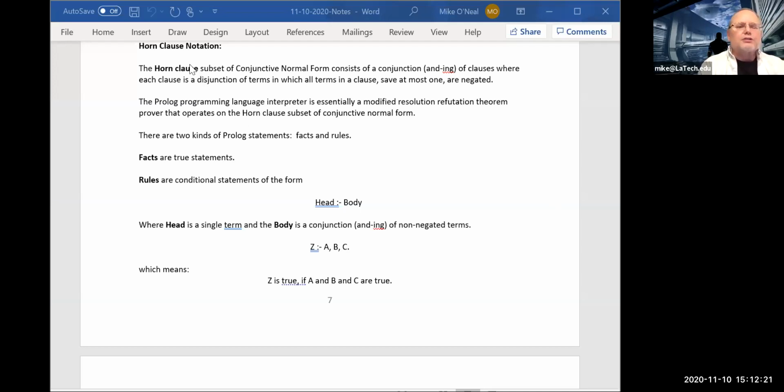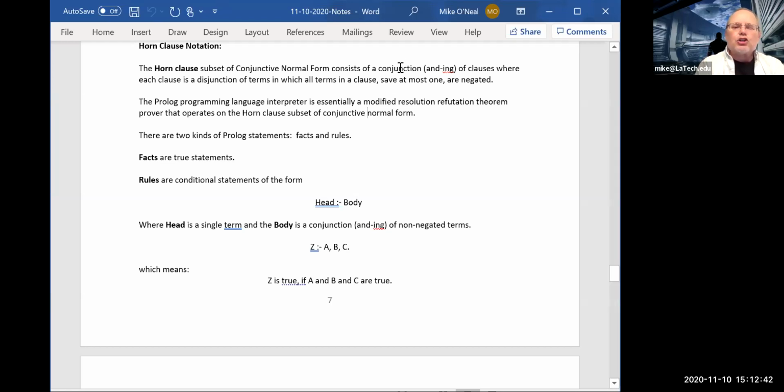So, what are horn clauses? What is the horn clause subset? That means that it's not going to be all of conjunctive normal form. It's going to be a subset. Well, the horn clause subset of conjunctive normal form is exactly conjunctive normal form.